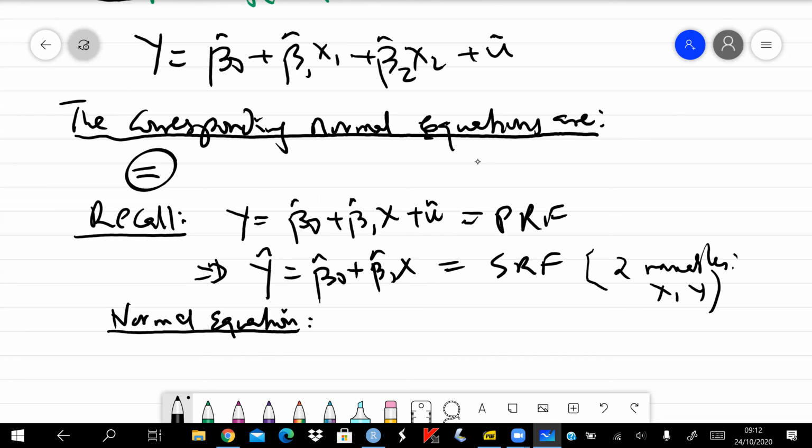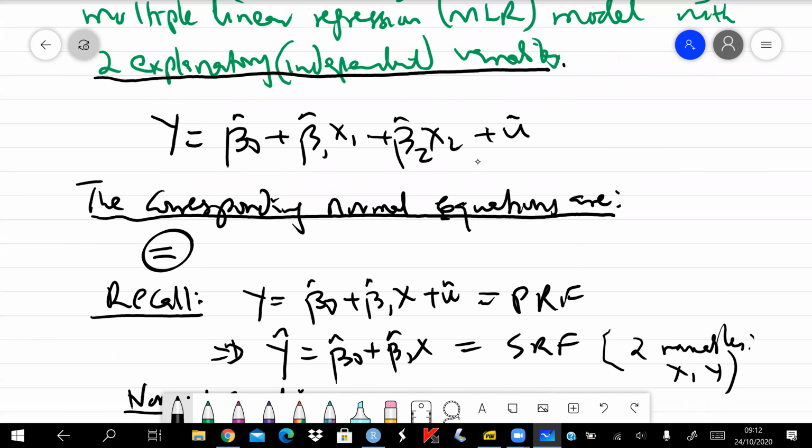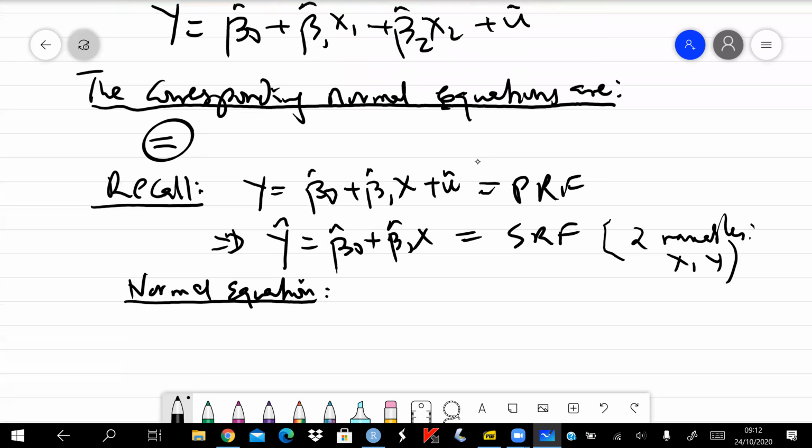So when you go back to our case here, because here we have three variables, y, x1 and x2, of course I'll write down the estimated value of y, then we expect to have three normal equations. So if you have a model containing 10 variables, including the dependent variable, then you'll have 10 normal equations, and so on and so forth.